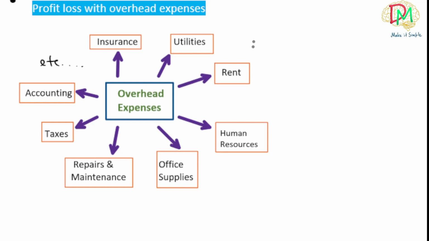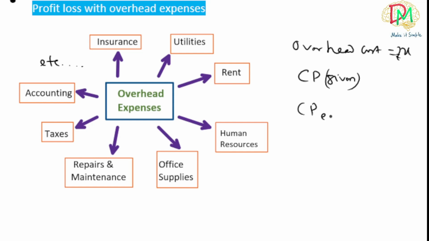So if the overhead cost is given, suppose rupees x, and CP is also given, then you can find the effective cost price.